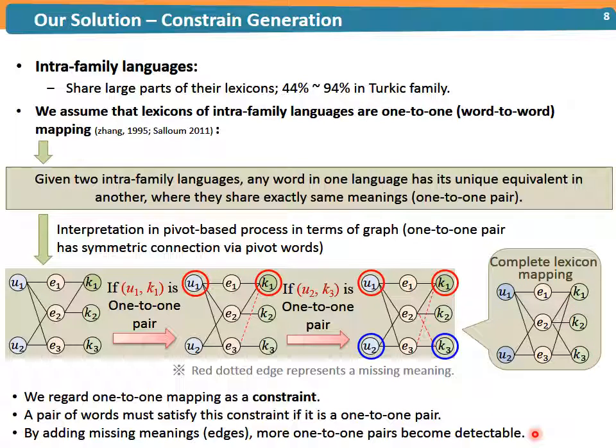Overall, we regard this one-to-one mapping assumption as a constraint, and a pair of words must satisfy this constraint if it is a one-to-one pair. Also, by adding the missing meanings, or missing edges, into the pivot graph, we can find more and more one-to-one pairs.